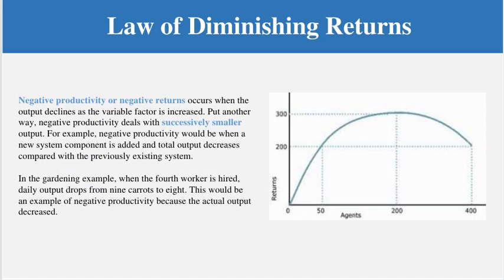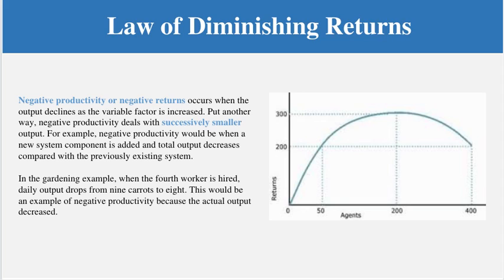Now the negative productivity, or you can say negative returns. What is it actually, friends? Negative productivity occurs when the output declines as the variable factor increases. Put another way, negative productivity deals with successively smaller output.